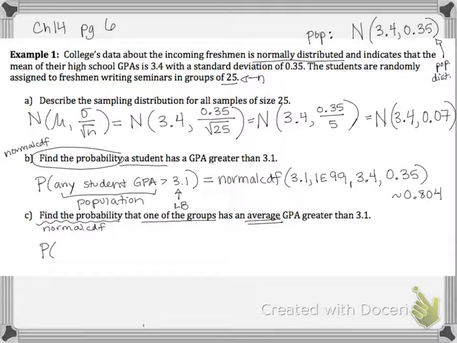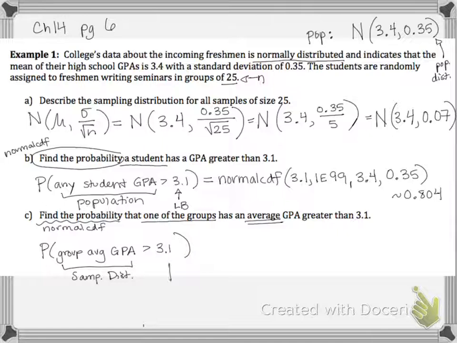So this is the group average GPA is greater than 3.1. So this is now referring to my sampling distribution, because we are now talking about an entire group having a GPA that's greater than 3.1 on average. So taking all 25 people, averaging them, and that being larger than 3.1.